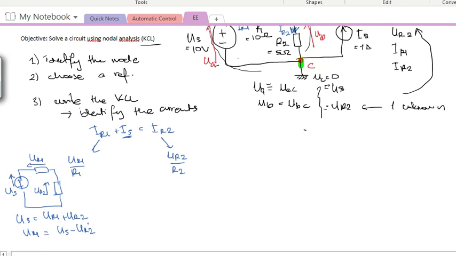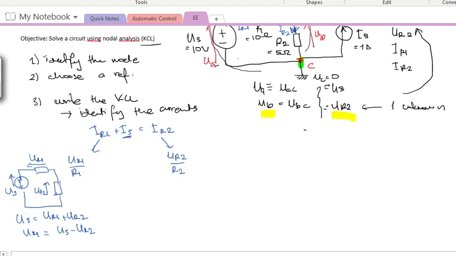So now the question is, what is UR2? Right? What is UR2? And if we go here, so let me point it out, what you know is UR2 is basically equal to UB, the only unknown, right? So you can write it in terms of UB.